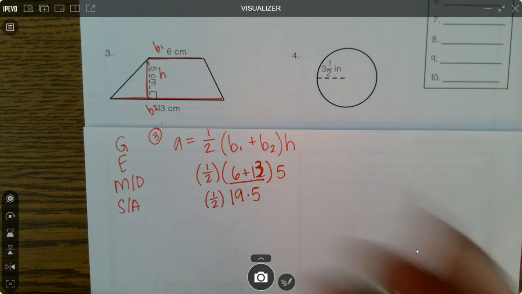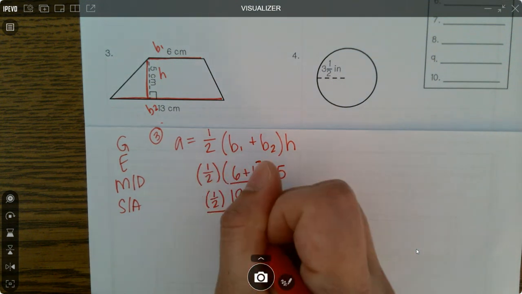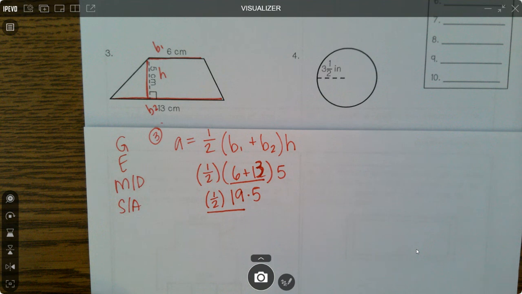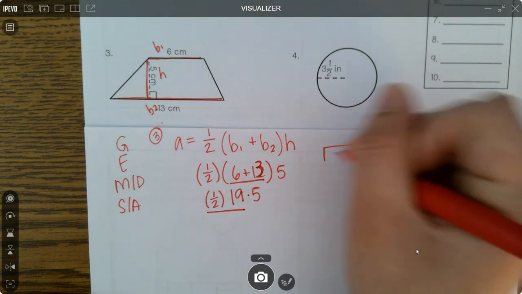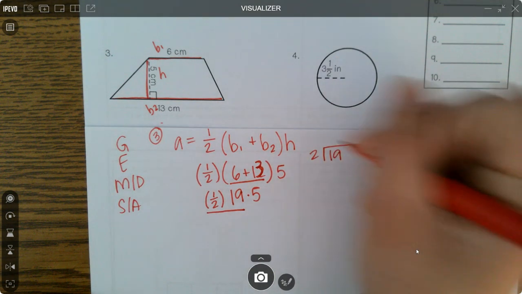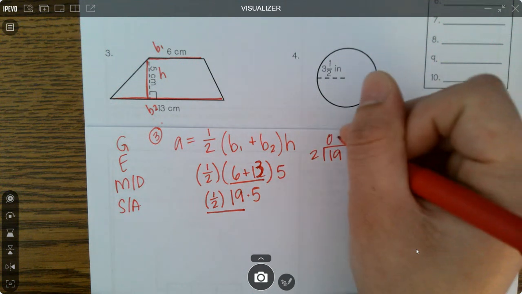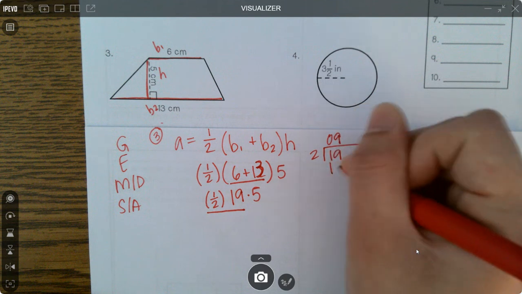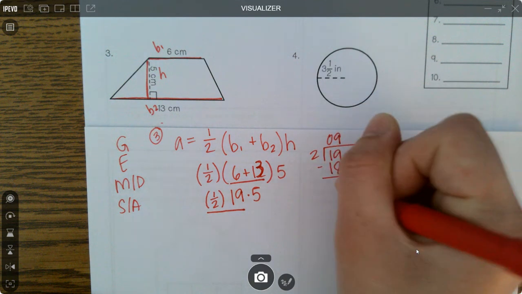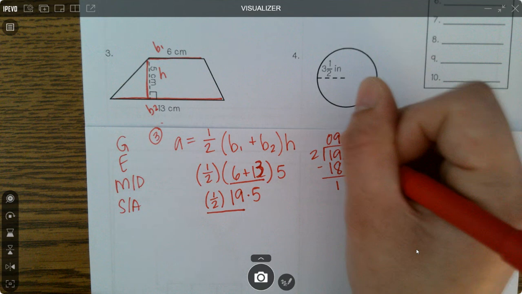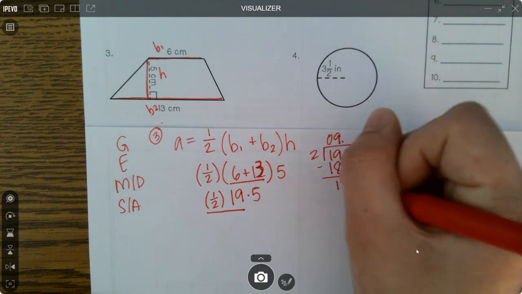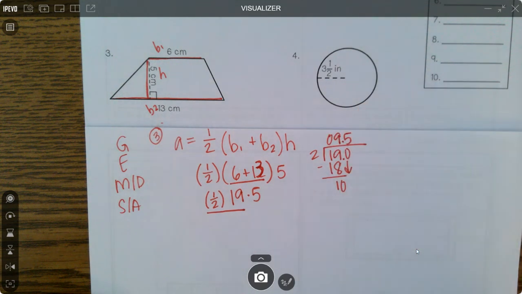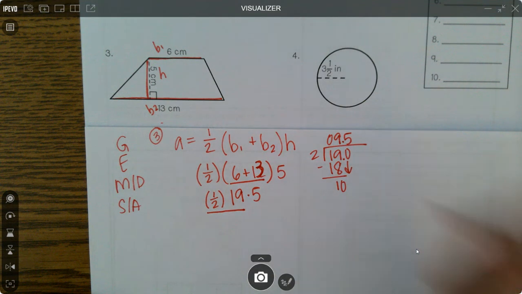And now I'm going to say 1/2 times 19, but like I said, we also know that that is 19 divided by 2, and it's going to fit in 9 times, give me 18. I have one left, add a decimal, trailing 0. And I'm going to get 9.5.